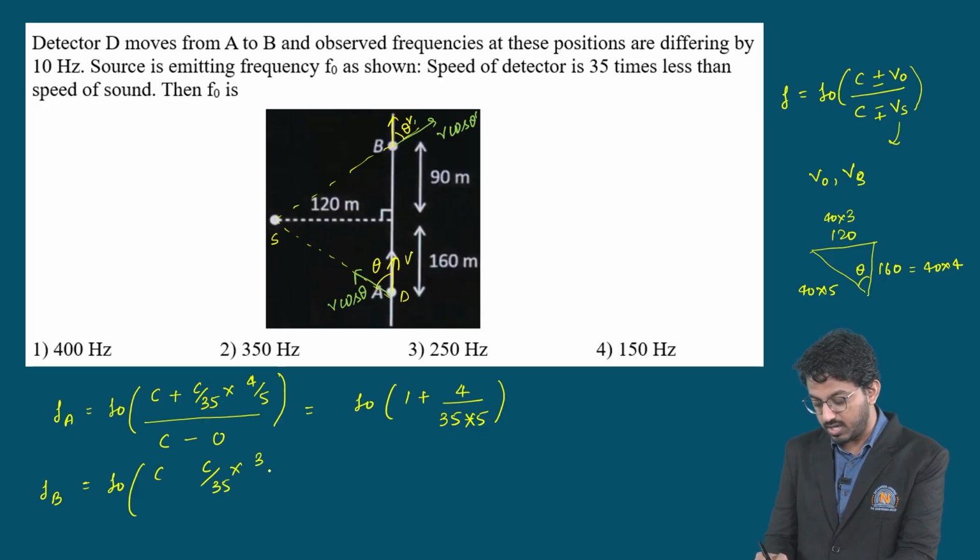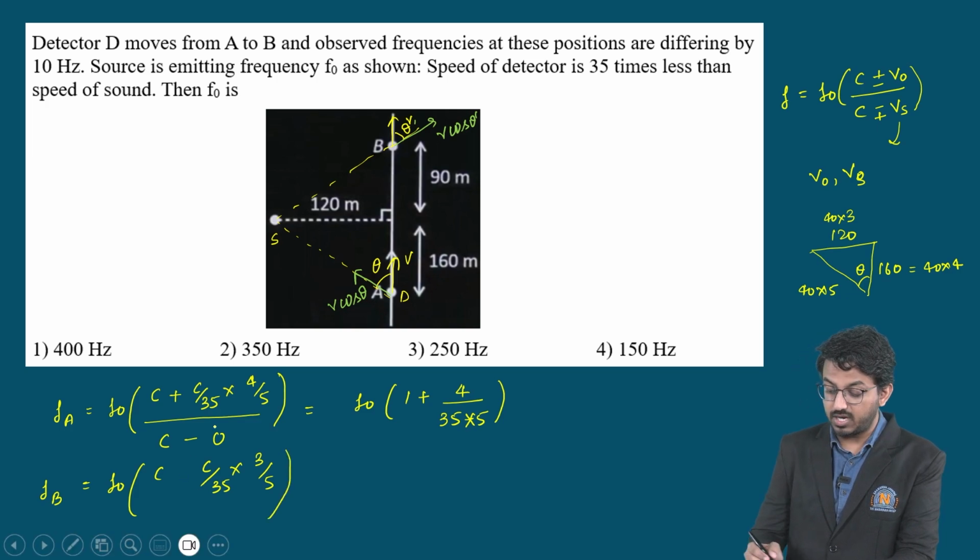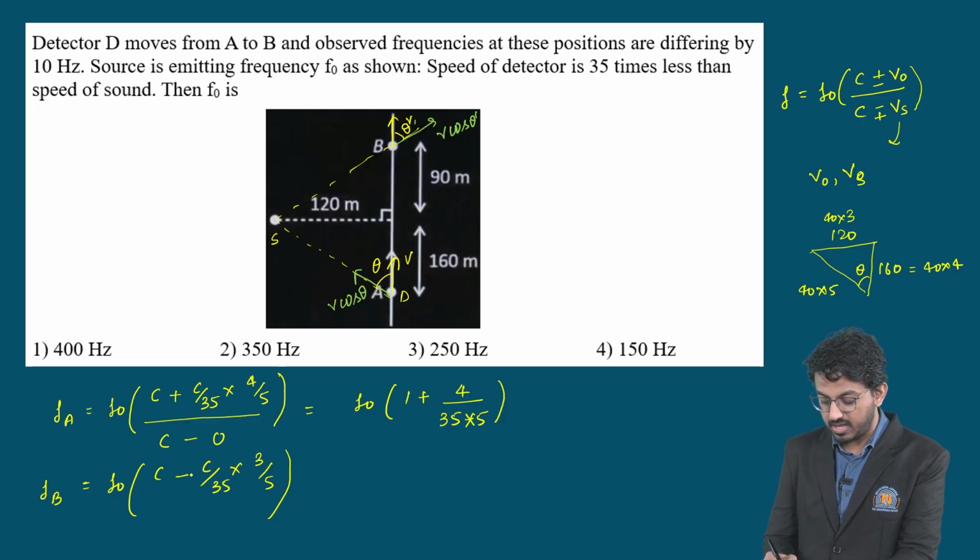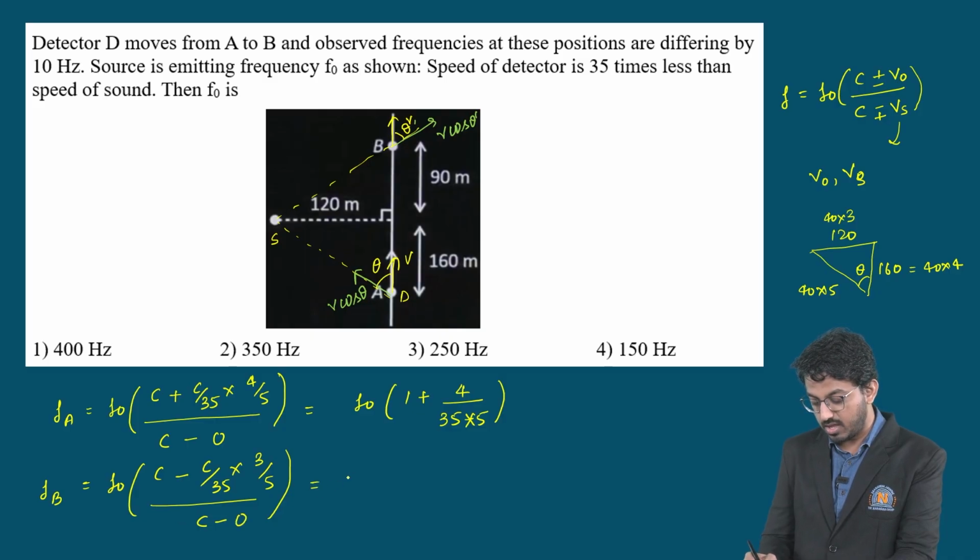In this case, cos theta is 3 by 5, and because the detector here has velocity away from the source, we will put a minus sign here, divided by C. Again, the velocity of the source is 0, giving us f observed equal to f naught times (1 minus 3 over 35 into 5).